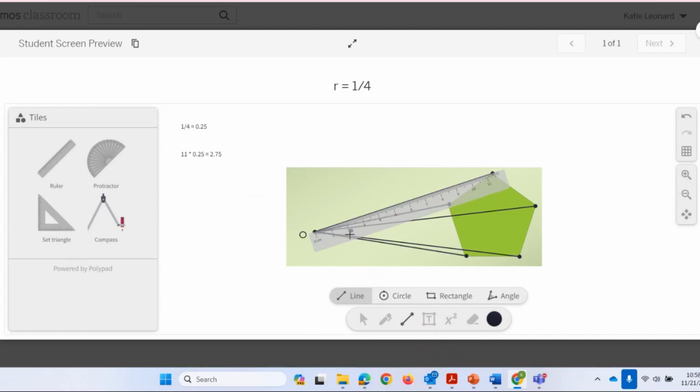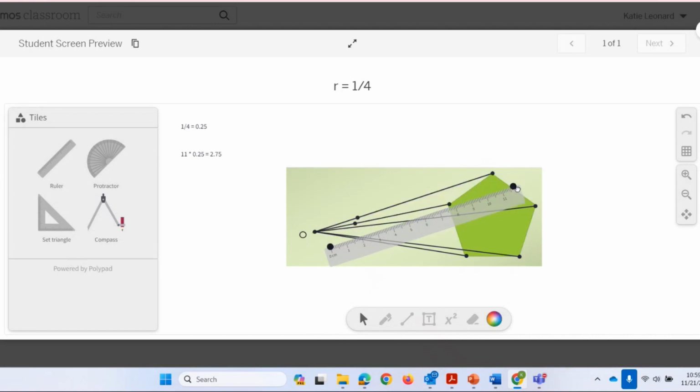Here's 2 inches. This is 2.5. It's going to be between the 2.5 and the 3 is 2.75. I'm just going to drop a point right on my line at that location.